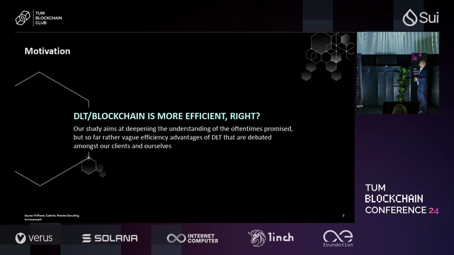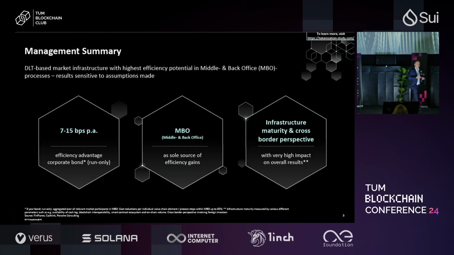All right. So to start with the management summary first, I think there were three main takeaways from our study. And the first one was that we calculated an efficiency and cost advantage of moving this corporate bond that we investigated on the blockchain between 7 and 15 basis points.